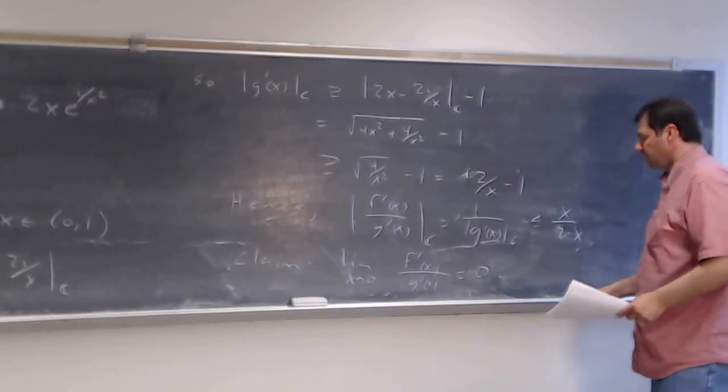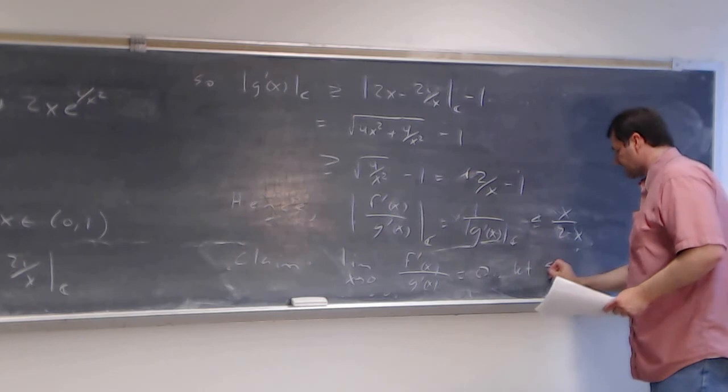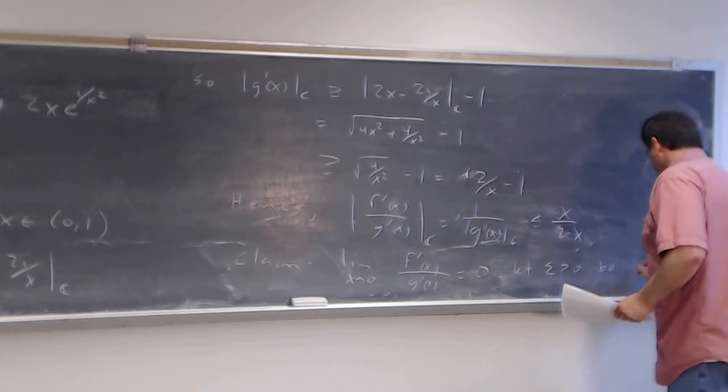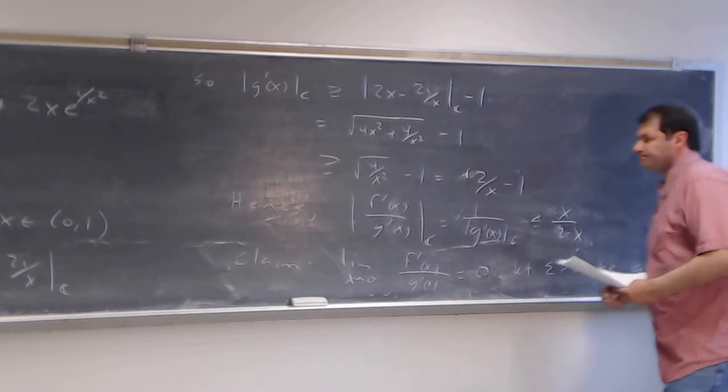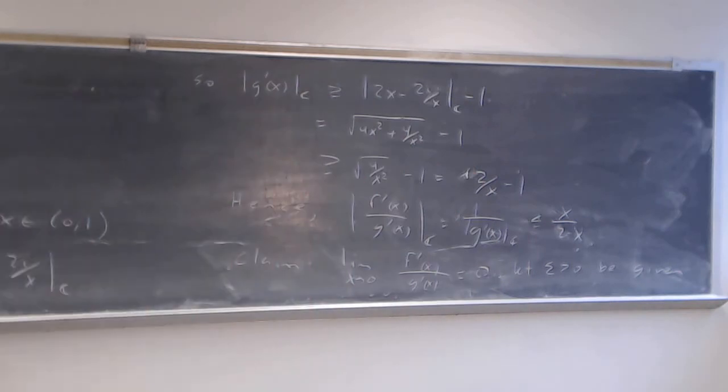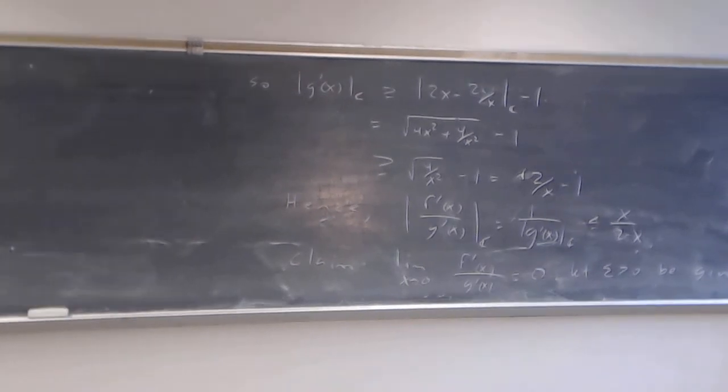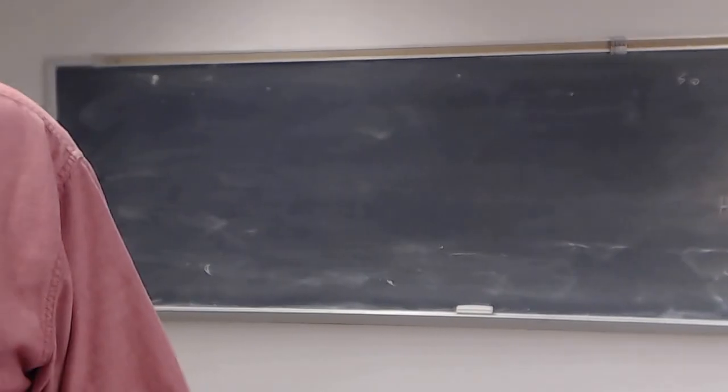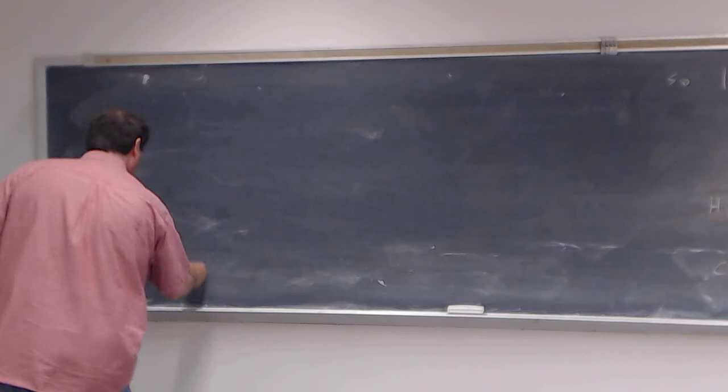So we'll do this in the definition way. We'll say let epsilon be greater than 0 be given. What do we need?